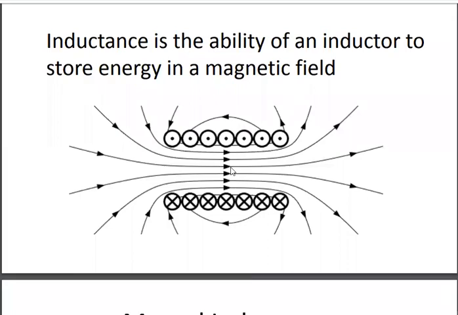That resistance is called inductive resistance. These are the three basic circuit elements: capacitor, inductor, and resistor. So far we have learned about resistor and capacitor. This is a new circuit element, which is important. That is called inductor. So let us check it out.